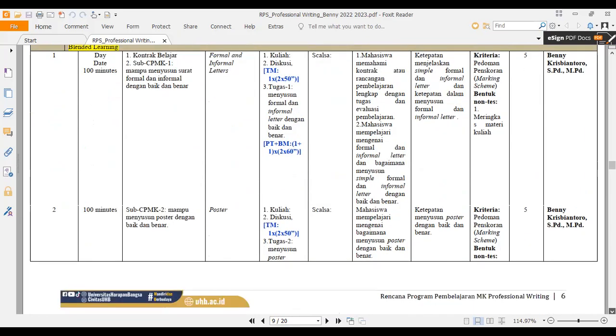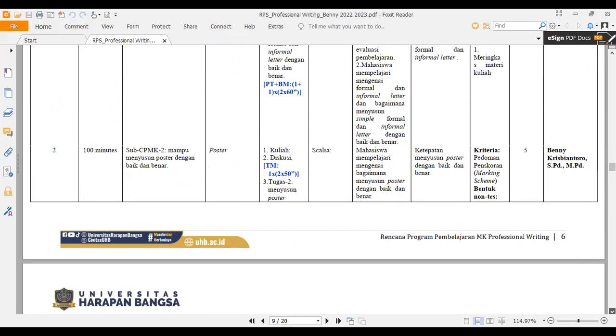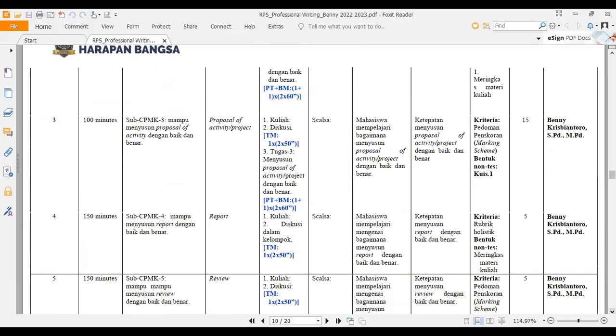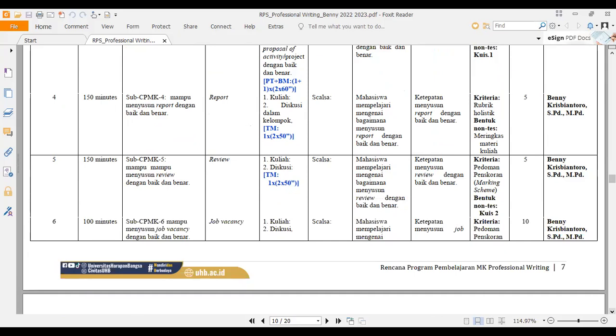In meeting 2, we're going to focus on how to create a poster. In meeting 3, proposal of activity or project will be the main concern. The fourth meeting concern is about report writing. In meeting 5, review will be discussed deeply.